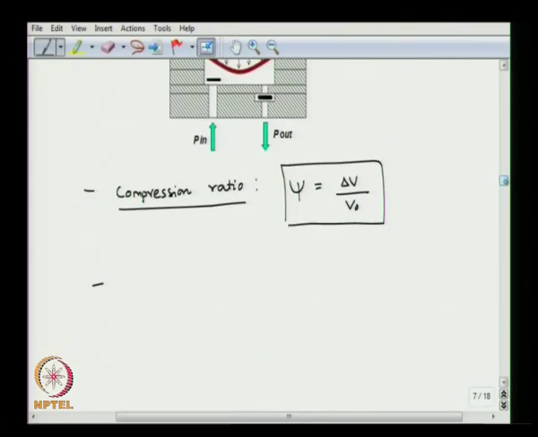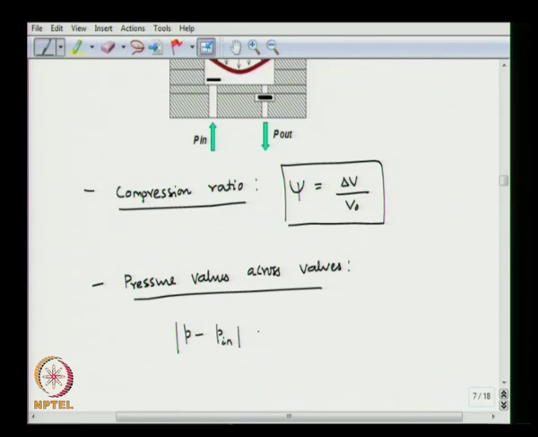So the other important parameter is the pressure values across the valves, and here we should have the modulus of P minus P in should be greater than delta P critical.